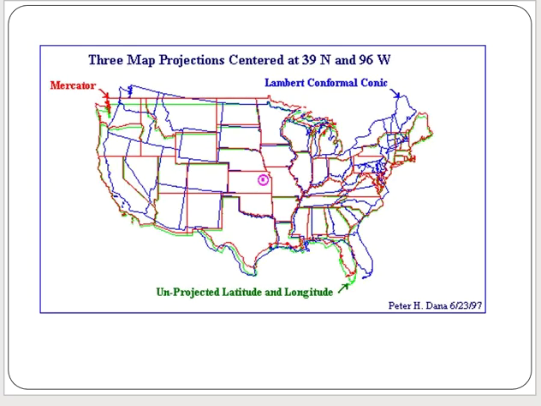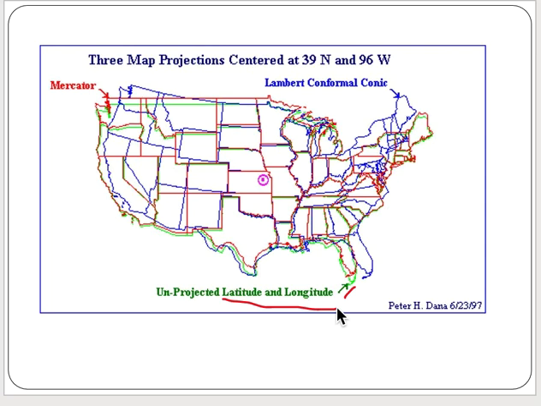So these are three map projections centered at 39 degrees north and 96 degrees west. So here we have three different maps of the US. One is not projected, which is in neon green like we see here, which means that it is still in the latitude and longitude coordinates. So again, it could be in the degrees, minutes, or seconds format, or the decimal degrees.